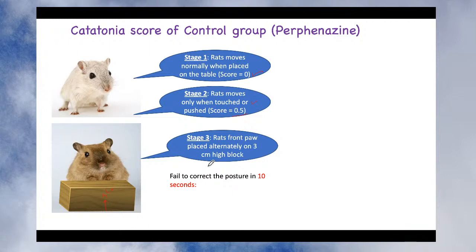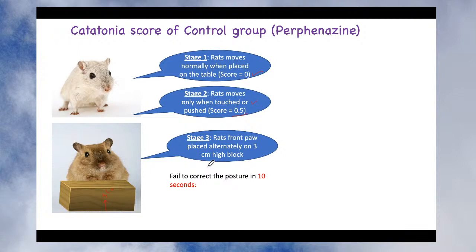So when you keep the animal in a stressful or backward posture, it will try to correct the posture. This is the behavior of a normal animal. But if catatonia is induced, what is the symptom of catatonia? There is rigidity, an impairment of the normal movement of the animal. Due to this, the animal will fail to correct the posture in 10 seconds, isn't it?